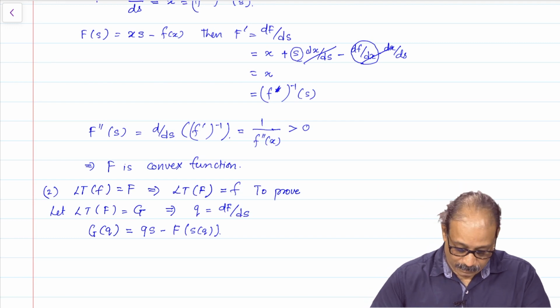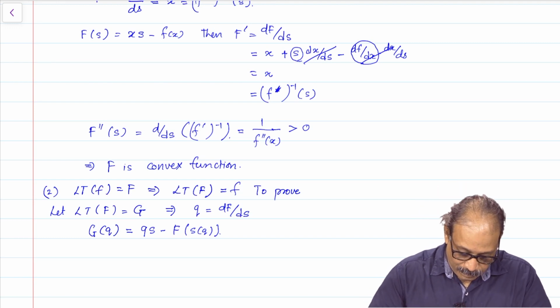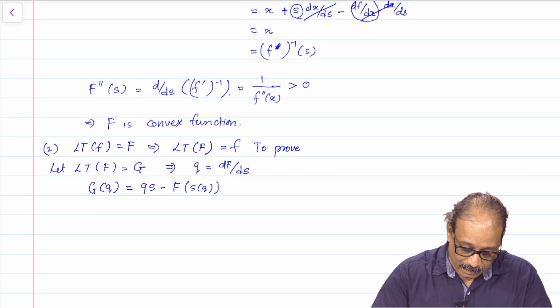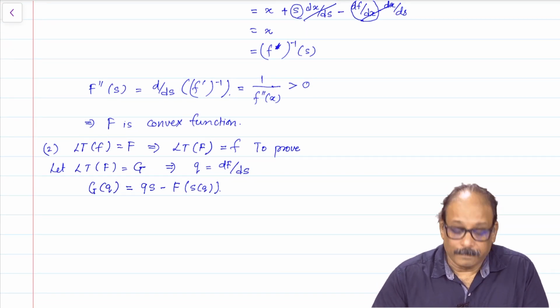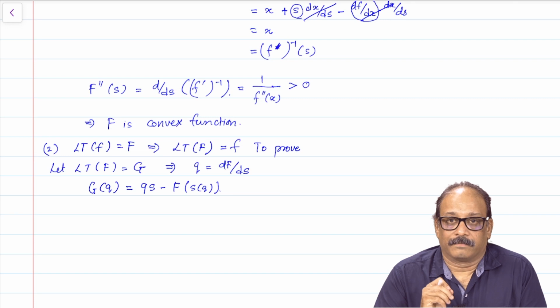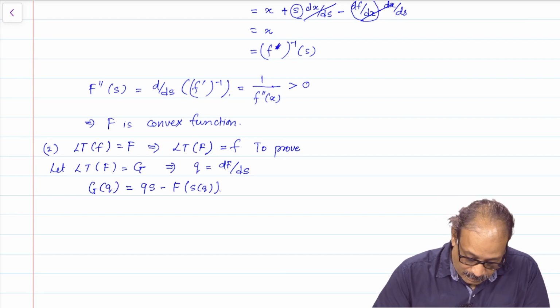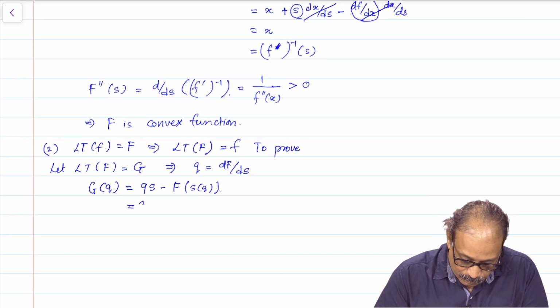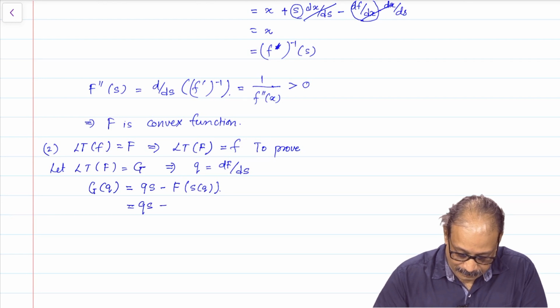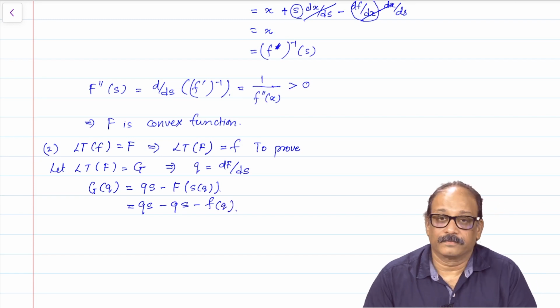Now, what I want to do is this. I define G of q as q s minus capital F, which is a function of s, but in turn you have to write it as a function of q. So, q times s, but capital F is nothing but q into s minus small f of q.